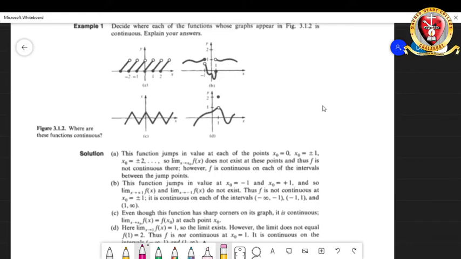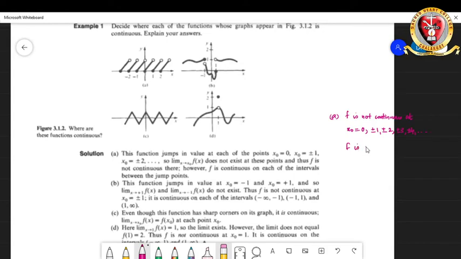So you can claim that f is not continuous at the points x naught equal to 0, x naught equal to plus or minus 1, plus or minus 2, plus or minus 3, plus or minus 4, and so on.